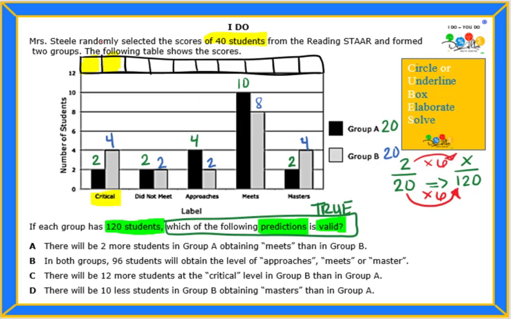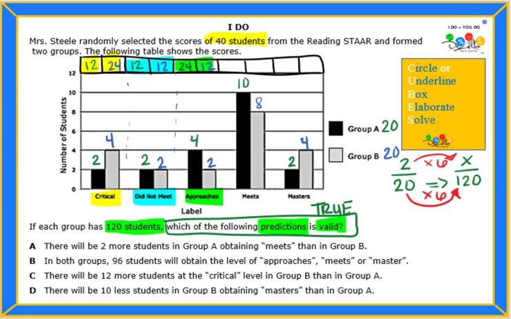So 2 times 6 is 12, and then 4 times 6 is 24. Those correspond to those. For the next group, the ones that did not meet, 2 times 6 is 12, 2 times 6 is 12. For the approaches, 4 times 6 is 24, and 2 times 6 is 12.